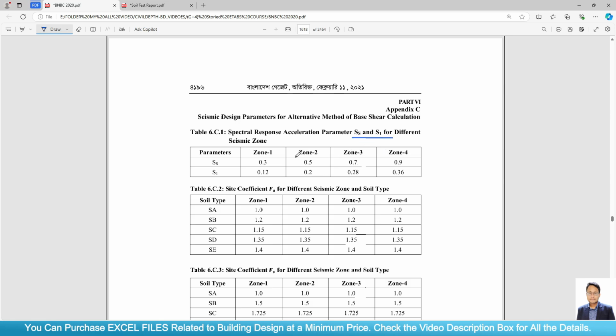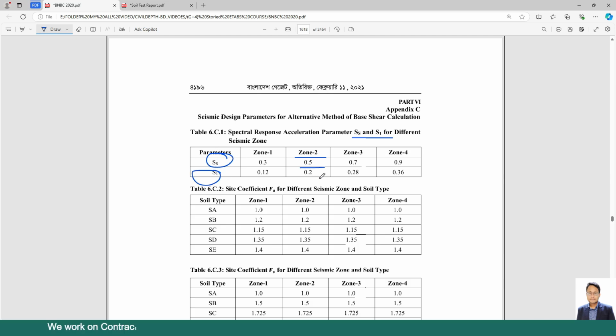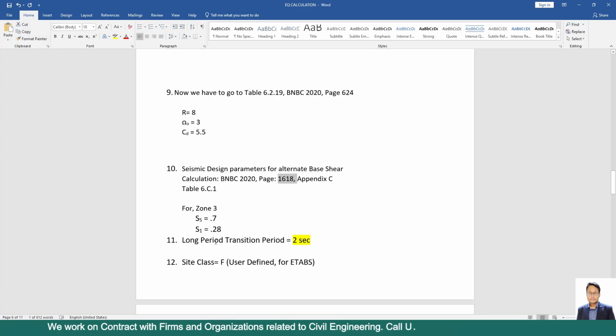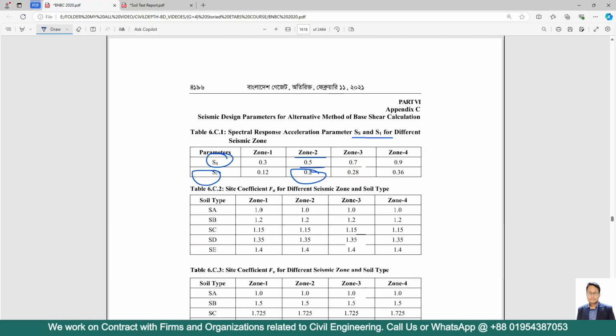For zone 2, the value of Ss will be 0.5 and the value of S1 will be 0.2. Here we are taking these two values.